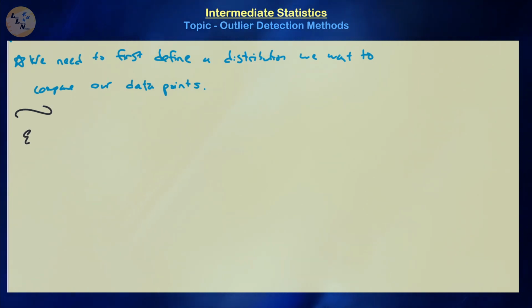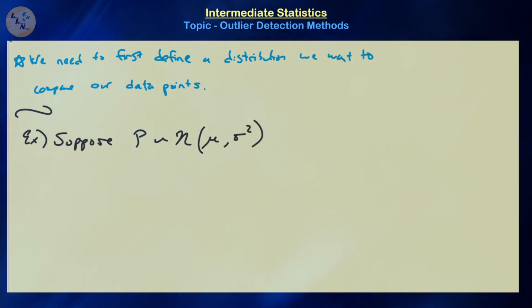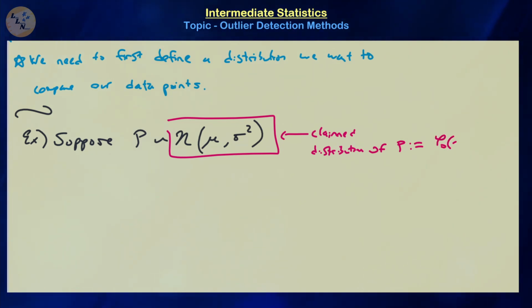So let's just do a basic guiding example. Let us suppose that our population P is associated to a normal distribution with some mean mu and some variance sigma squared. So this normal distribution is the claimed distribution of P, and let's call this claimed distribution of P phi sub 0 of x.